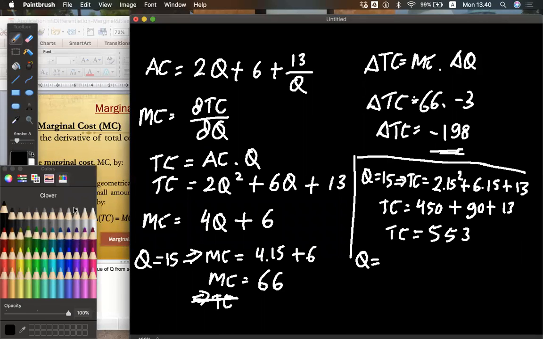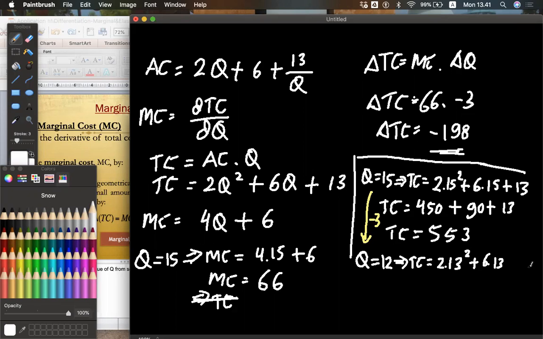Now if the quantity decreases by 3 units, it will be 15 minus 3, which is 12. So the total cost will be 2 times 12 squared plus 6 times 12 plus 13.